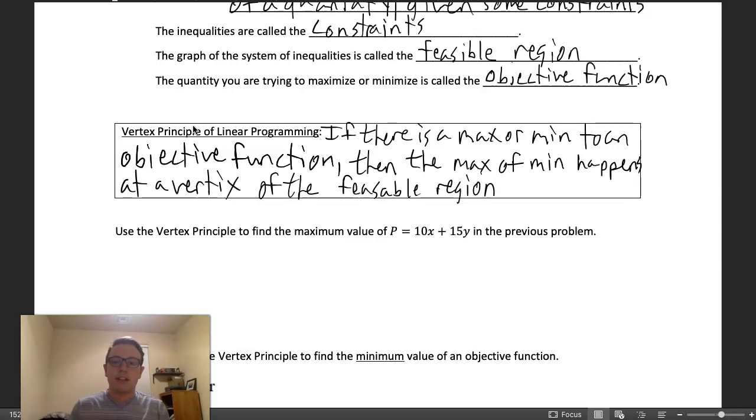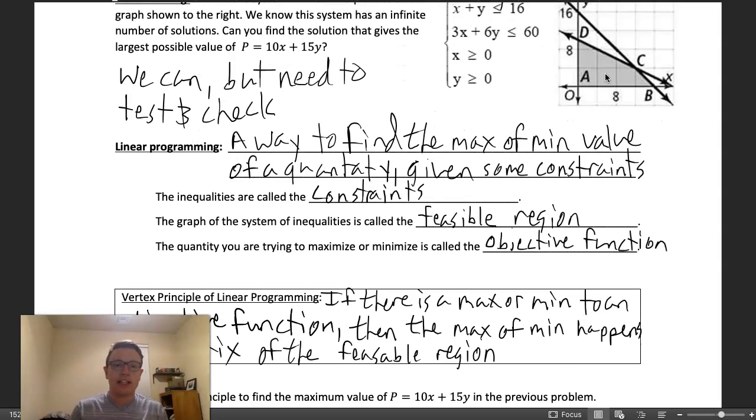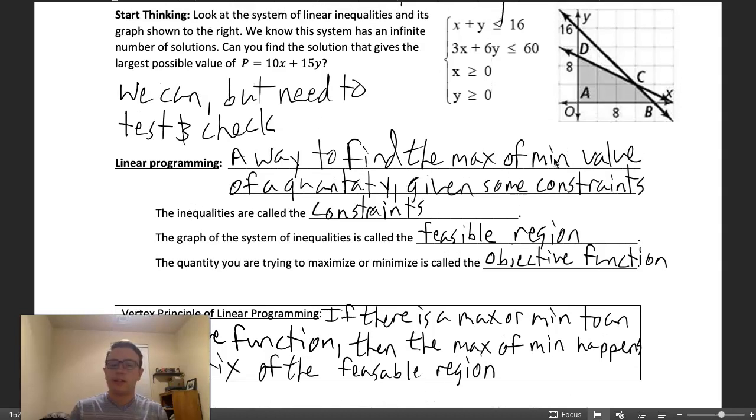This means that instead of having to test every point inside of the shaded region, we just need to test the four corners. And that's actually what we're going to do here. First, let's figure out what the corners are.